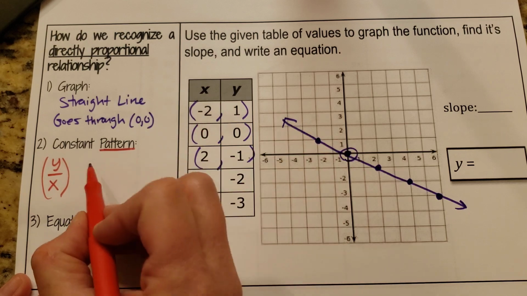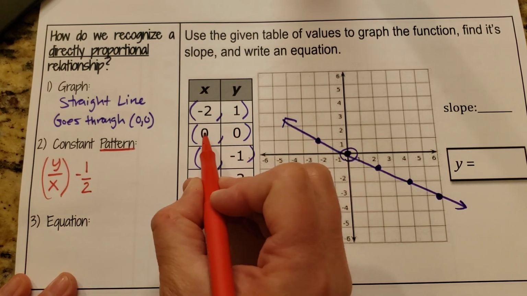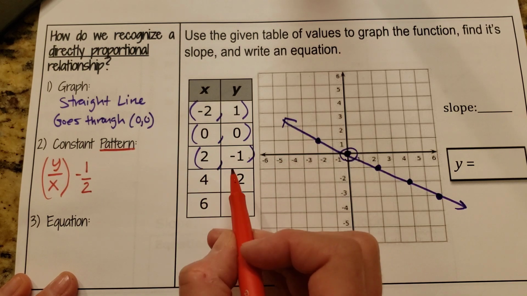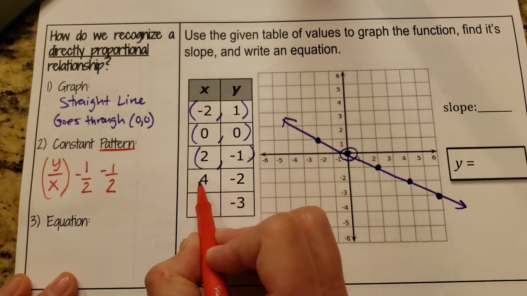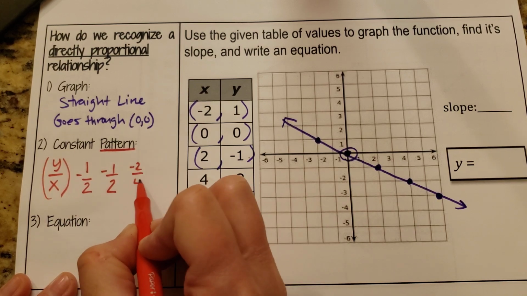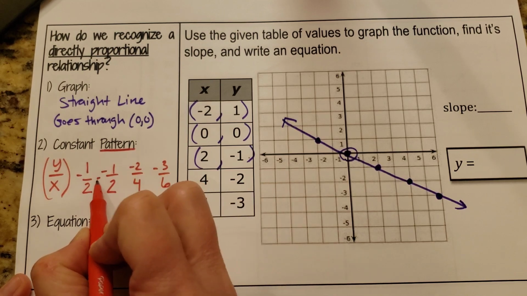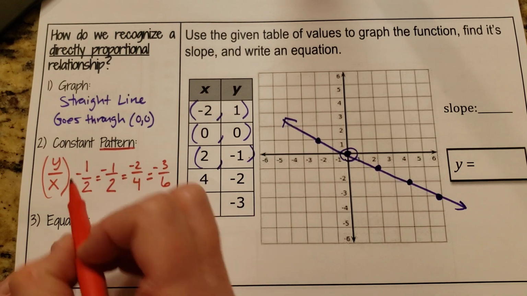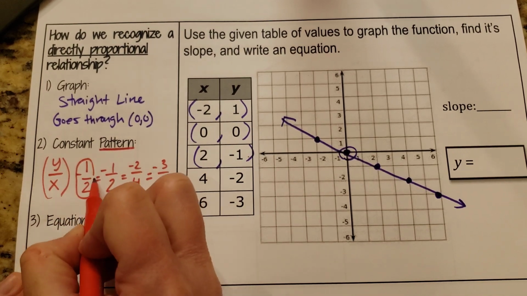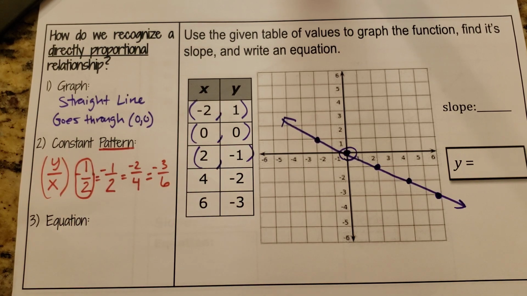We've got 1 over -2. 0, 0 doesn't really count, can't write that as a fraction. -1 over 2. -2 over 4. And -3 over 6. Do you see how all of these are equivalent? They're all exactly the same fraction. They are all equal to -1/2. And we should always see that y over x relationship anytime you have a directly proportional relationship.